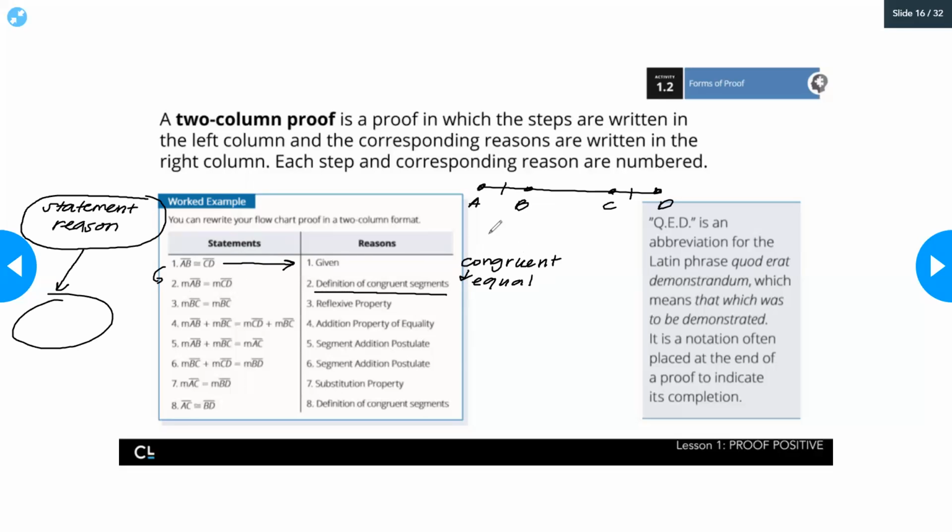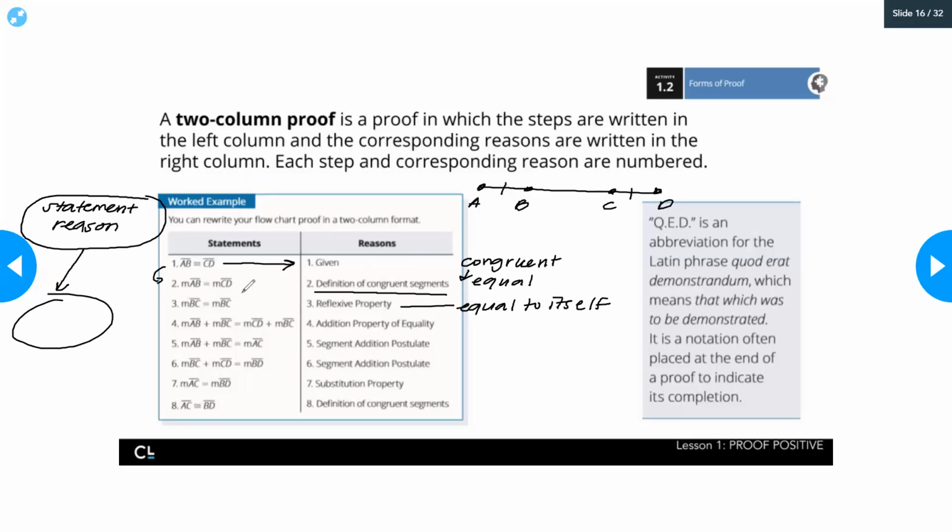Whenever we're stating that something is equal to itself, in this case that the measure of BC right here is equal to the measure of BC in that middle, we use the reason of reflexive property.